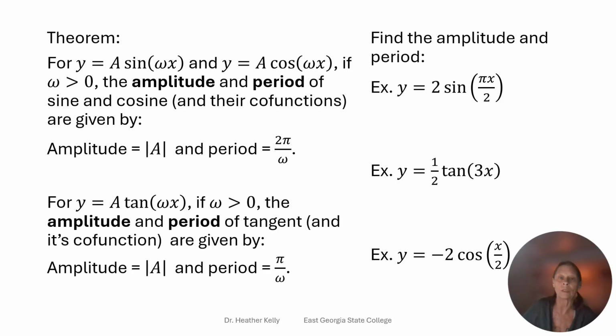The amplitude is the absolute value of the a, which is the leading coefficient, right? The number in front of it all. Okay, and then the period is 2 pi divided by omega.